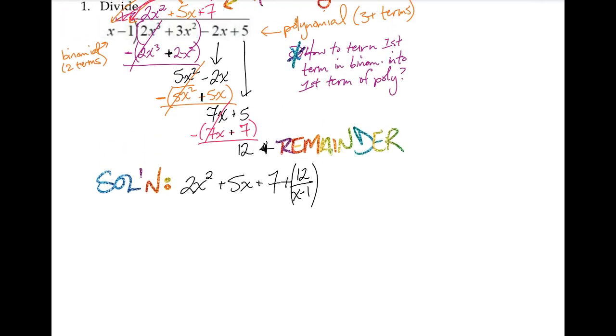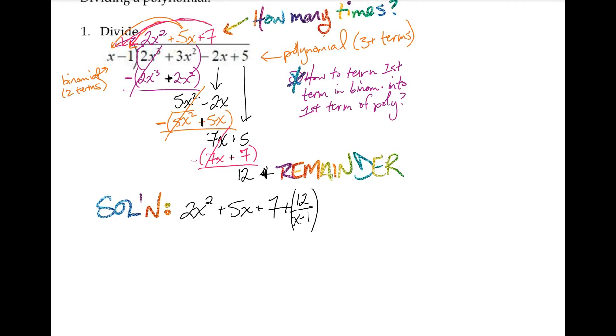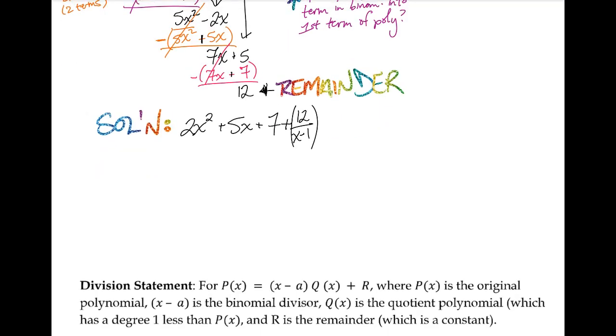So what that means is that when we look at this, kind of defining all of those things, p(x) would have been my original thing underneath the division symbol.